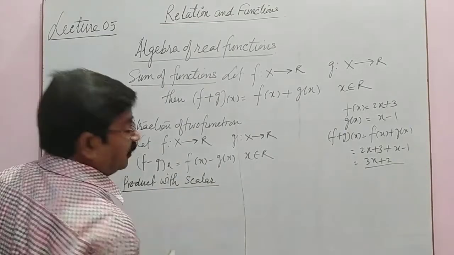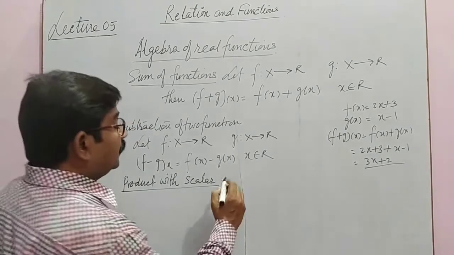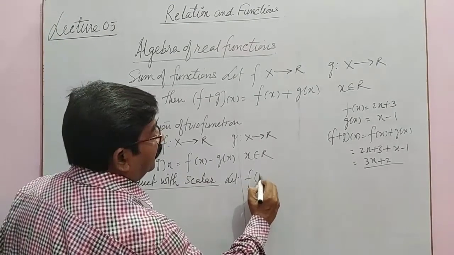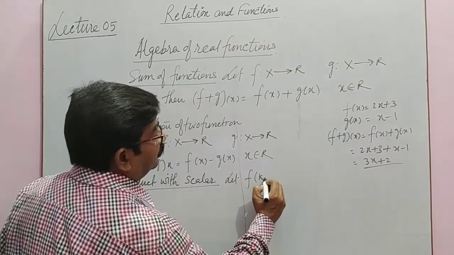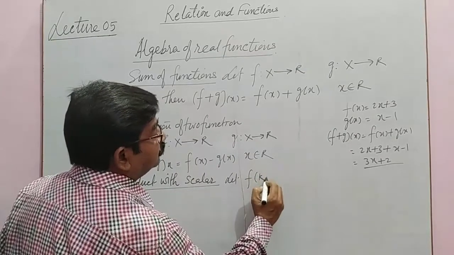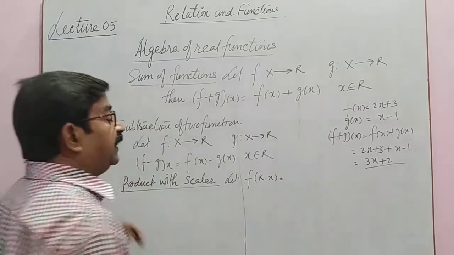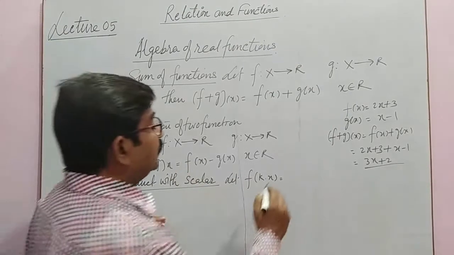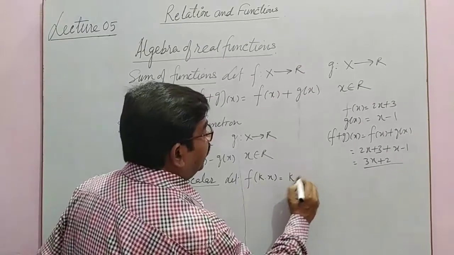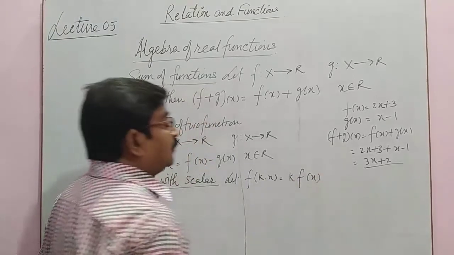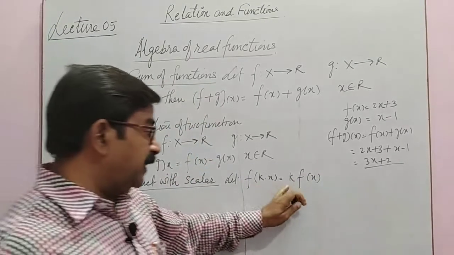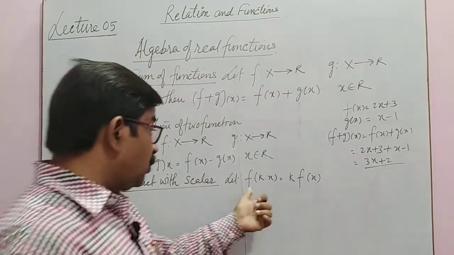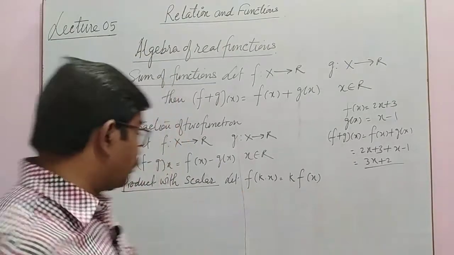What is the behavior? Let (k f)(x), where k is some scalar quantity. When we multiply this, simply we can write k times f(x), means we multiply that scalar quantity into the function. So this is the product of a scalar and the function.